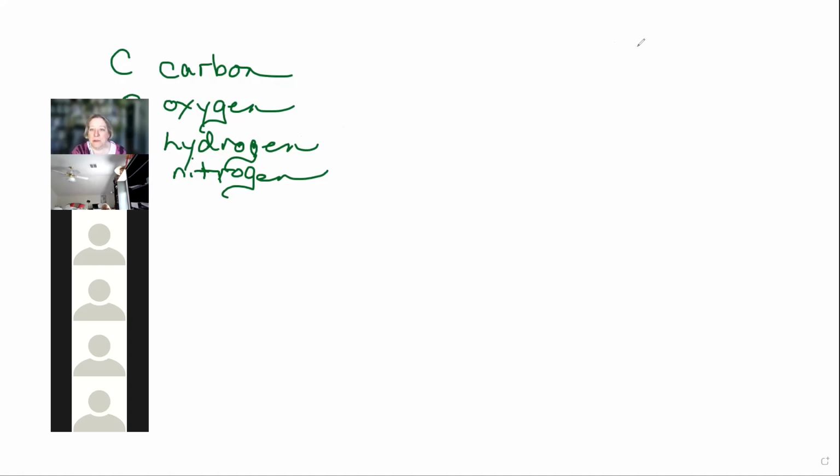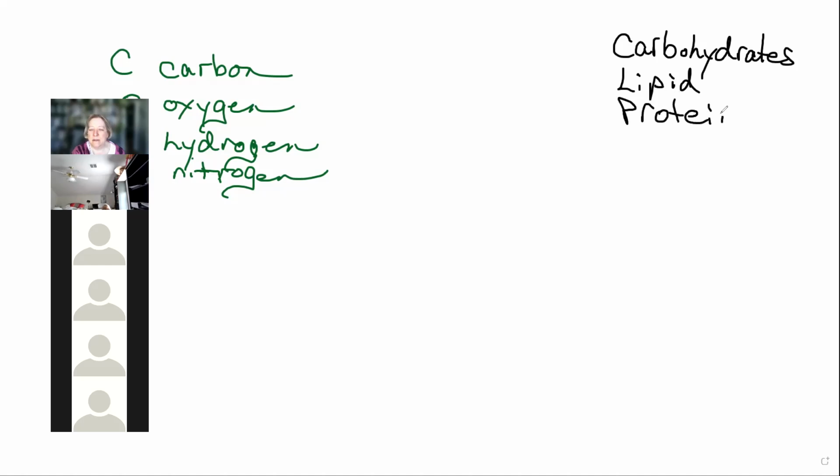So you will need to be able to recognize carbohydrates. Will you need to know specifically, say, glucose from sucrose? No. But I do want you to look at a picture and say, oh yeah, that's a carbohydrate, versus, oh yeah, that's a lipid, or a protein, or a nucleic acid.